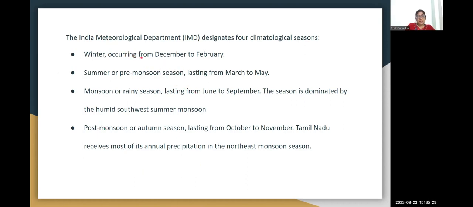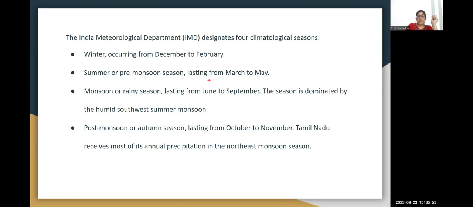Let's start from the summer period. Summer or pre-monsoon season lasts from March to May. From March to May, it is really hot and it is called the summer season. The monsoon season lasts from June to September. Then the post-monsoon is from October to November, and the winter season is from December to February.